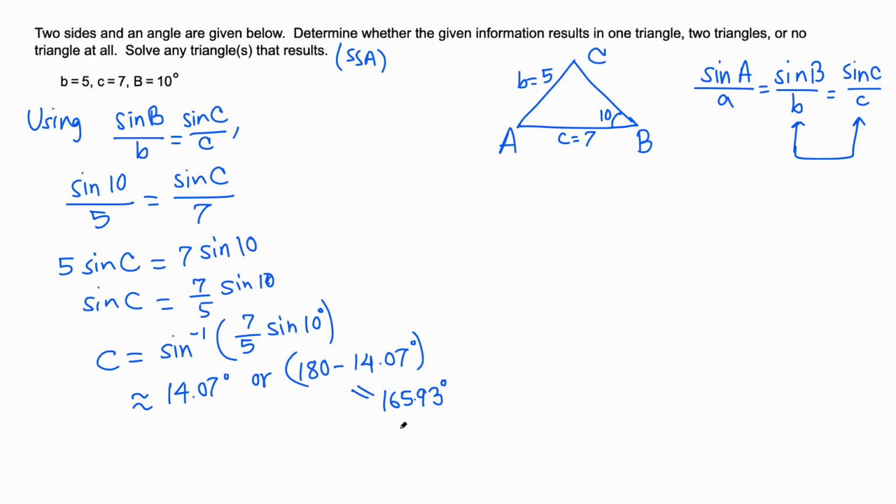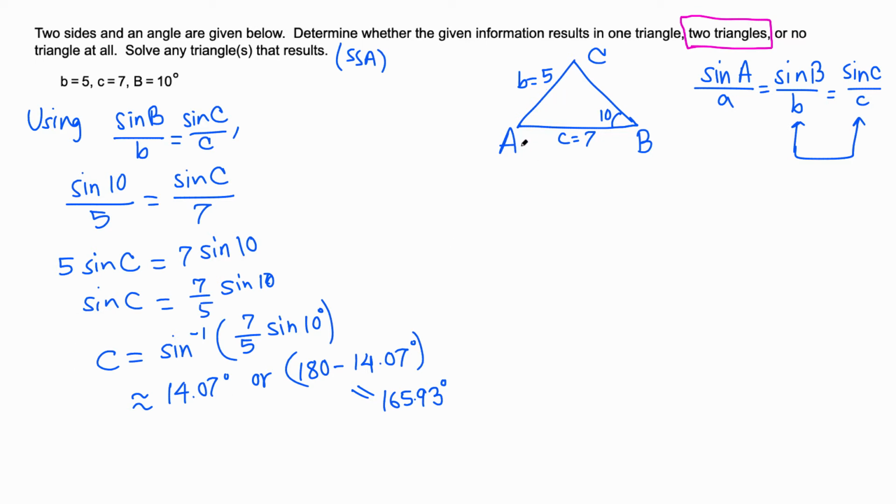But with the second angle, we need to make sure that when we put it in this picture, there is room for the third angle. Both angles are good. That means we're going to get 2 triangles, because C has 2 valid values.